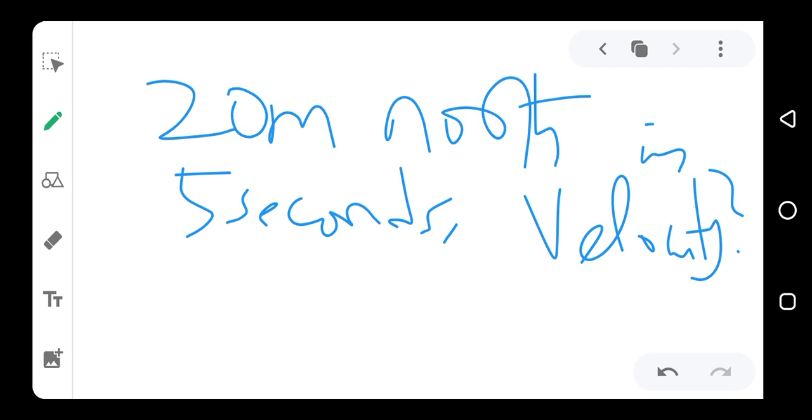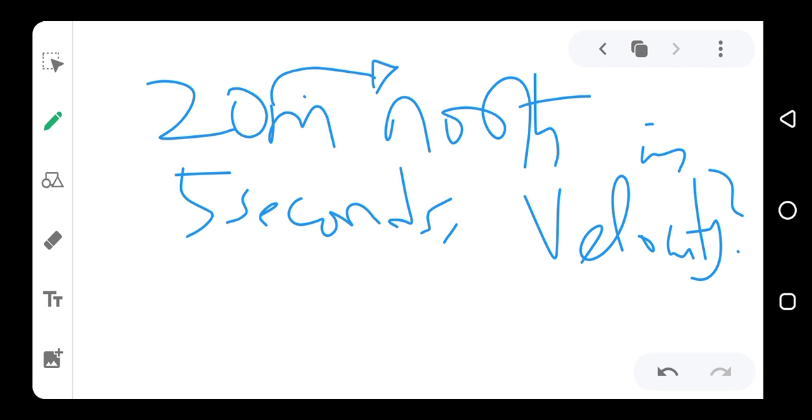Now, I say that velocity is displacement over time. This distance covered to north, because we know the direction that it traveled to north, we call it displacement.